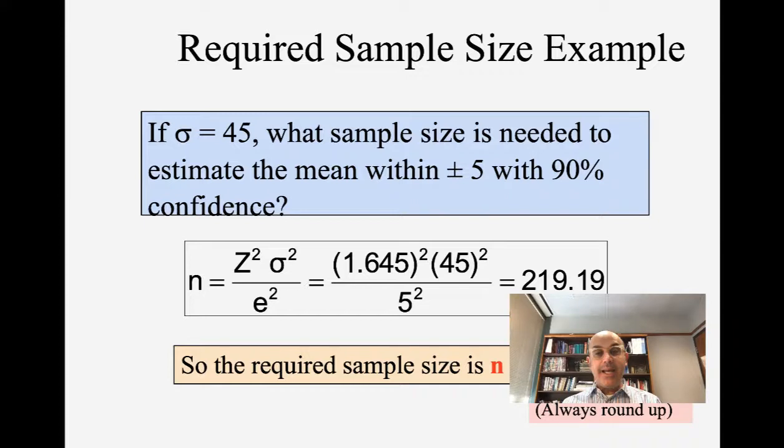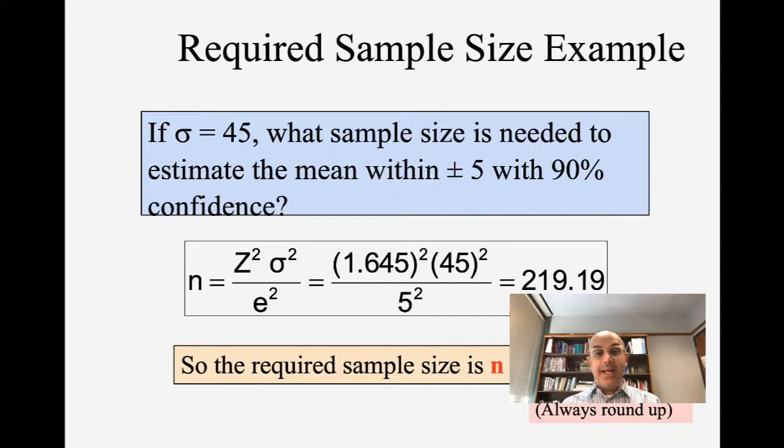So we plug it into our formula, and we are going to have 1.645 multiplied by the square root of 45 divided by 5, squared, where 1.645 is the 90% critical value, 45 is what we got from the standard deviation, and 5 is the plus or minus margin. Squaring it will give me 219.